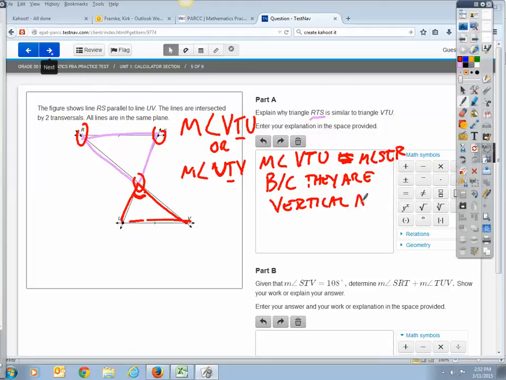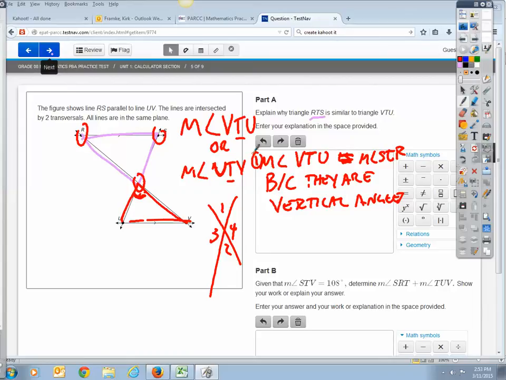And vertical angles are simply angles that are opposite each other when two lines have crossed. For instance, angle 1 and angle 2 are congruent because they are vertical angles. Angles 3 and 4 are congruent because they are, you guessed it, vertical angles. So that's the first thing I have to write.